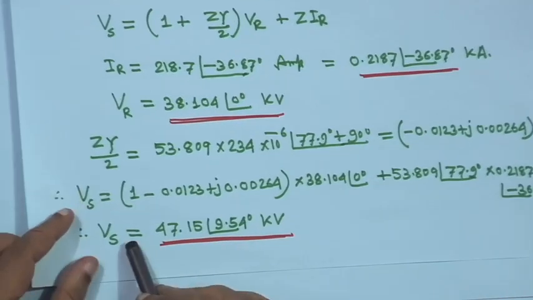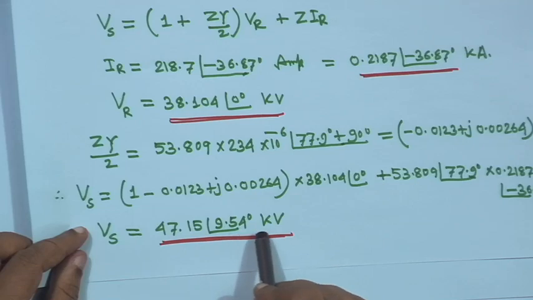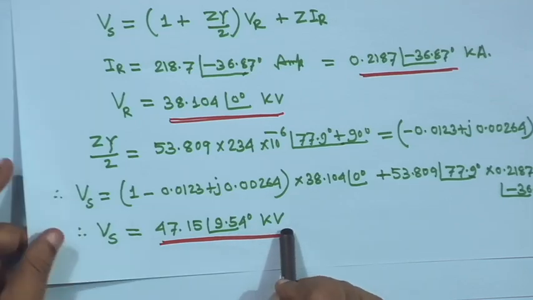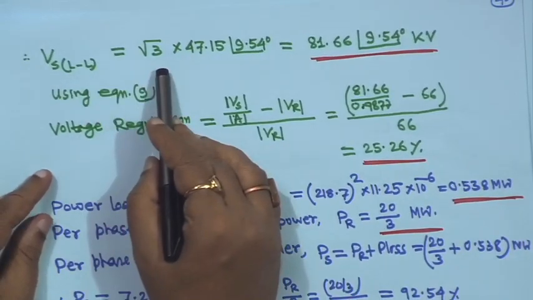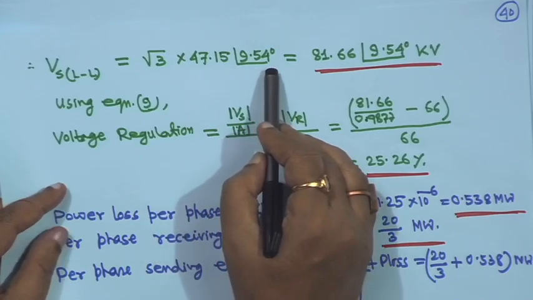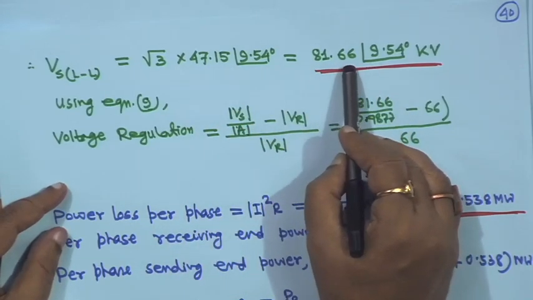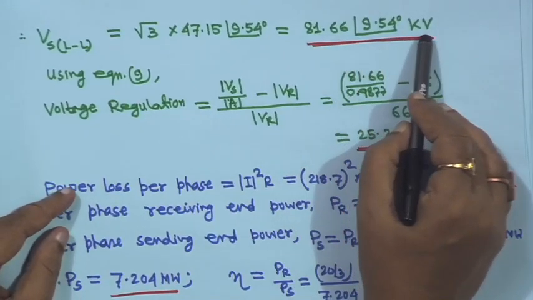So, it is coming Vs is equal to 47.15 angle 9.54 degree kilovolt. This is your Vs. Therefore, Vs line to line is equal to root 3 into 47.15 angle 9.54 degree, so it is 81.66 angle 9.54 degree kV.